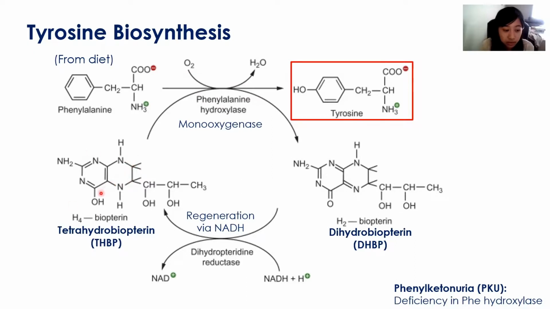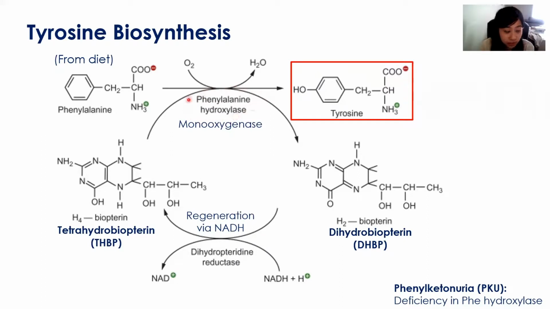So during this reaction, THBP is oxidized into DHBP. And then this DHBP can be regenerated back into THBP via a reduction reaction using NADH. And this phenylalanine to tyrosine reaction is catalyzed by phenylalanine hydroxylase.